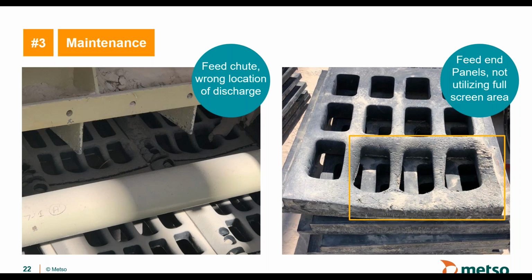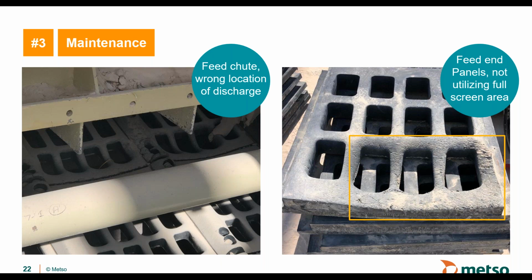And even so, on this screen, for example, there is a 600 millimeter long feed box, and that feed box has even thicker rubber. The intent here is that the feed to the screen shall hit the feed box, and the feed box will then take care of the impact, and then material will transit across to the screen deck.